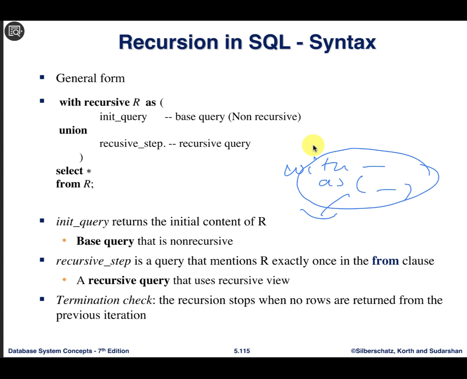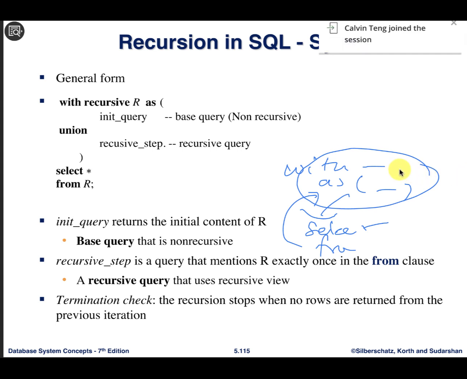Then after that, you select whatever query from this table to display or create. That's what we did using the common table expression, defined with the SQL with clause. Now we're going to see how you can use this to build a recursive query.